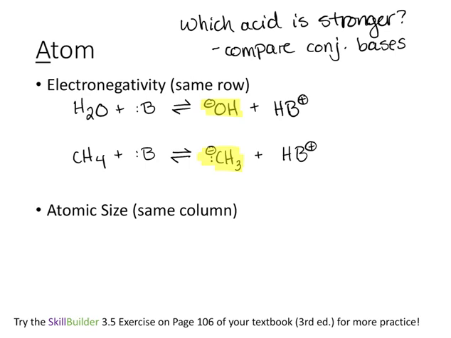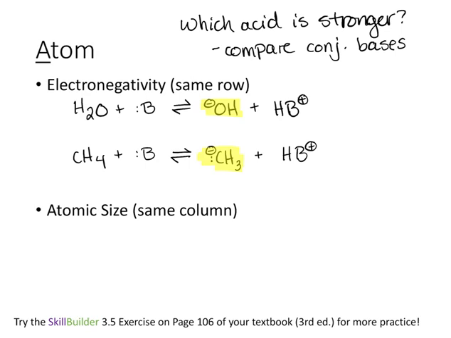So what we're going to do to figure out the stronger acid is compare the electronegativity of those atoms. So this works if the main atoms are in the same row as each other. So if you look on the periodic table, oxygen and carbon are in the same row. So we're going to compare their electronegativities.